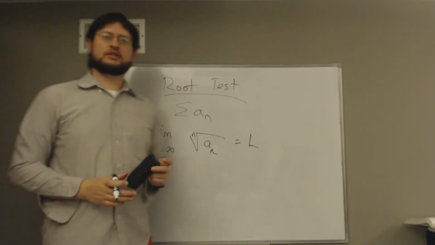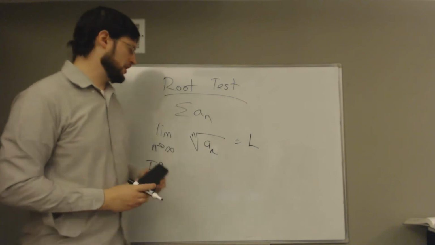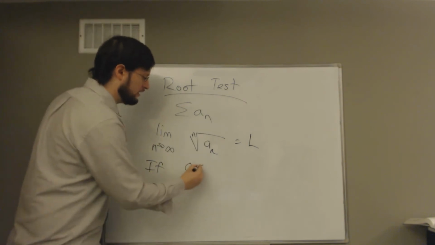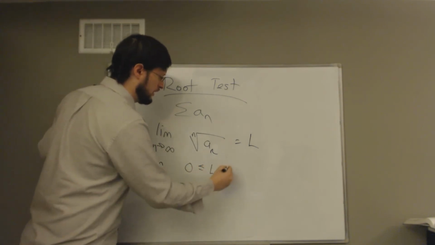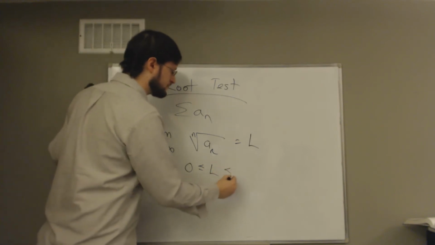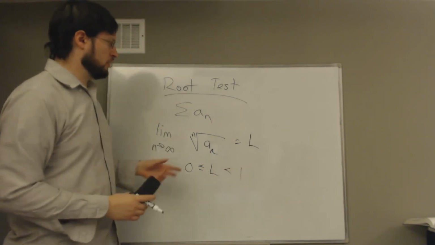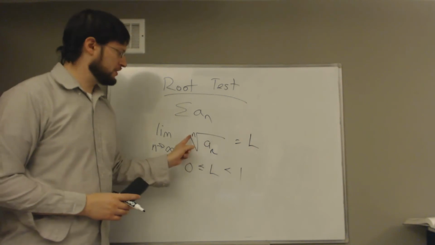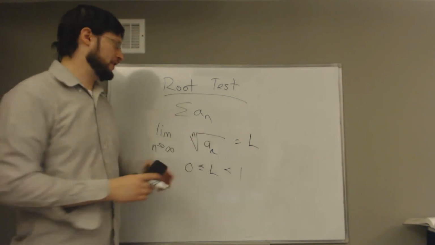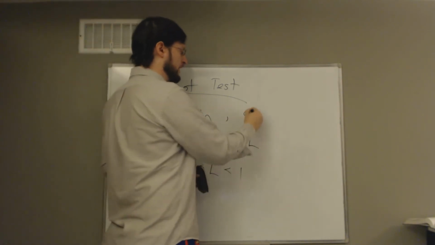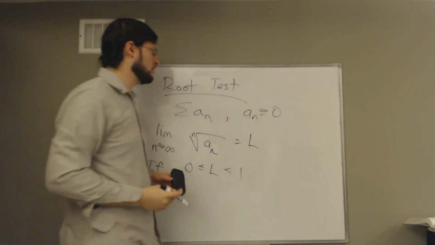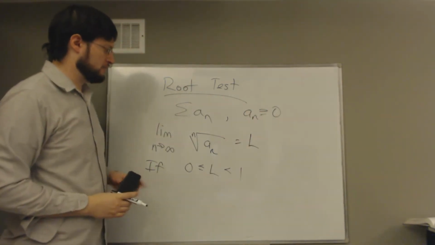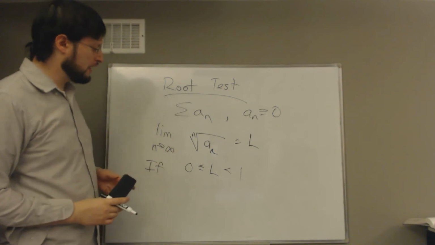And now our conclusions are actually the same as in the ratio test. If L is between 0 and 1, by the way, the only way to make this actually work, if I want to take nth roots, I can't have a negative a_n, so a_n needs to be bigger than or equal to 0 for the root test, which means that I can't have a negative limit anyway.